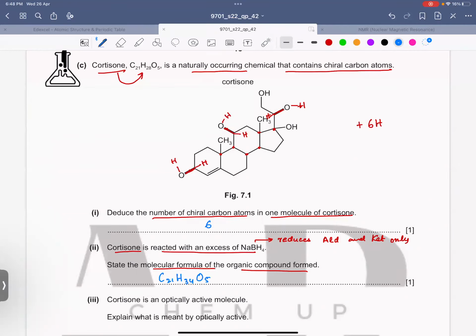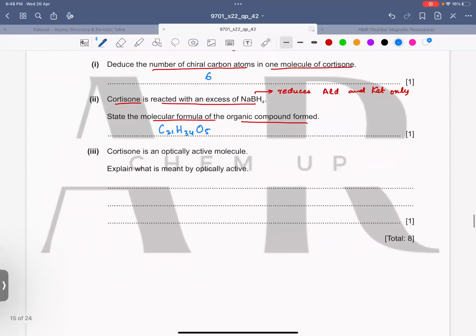Yes, good. Okay. Next part. Cortisone is an optically active compound. What is meant by optically active?